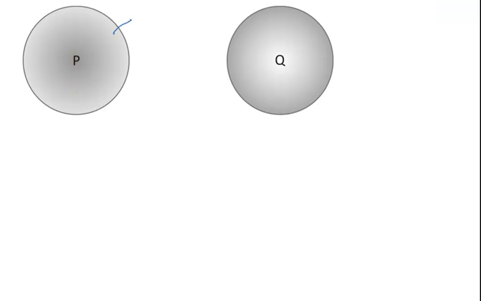More mass is concentrated towards the surface, and in Q more mass is concentrated towards the axis. So if more mass exists away from the axis of rotation, moment of inertia is more, because moment of inertia is directly proportional to r square. If more mass is at a larger distance, moment of inertia will definitely be more. The moment of inertia of P will be more than moment of inertia of Q.